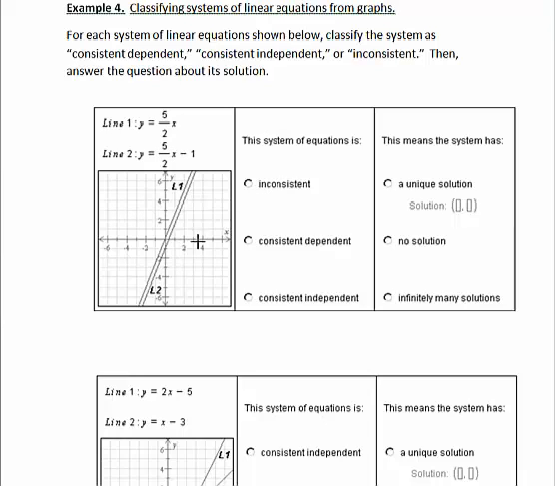So these are parallel lines, and that would mean that this system is inconsistent, and therefore if they never intersect, then there is no solution. Okay, so same slope, different y-intercepts, inconsistent, no solution.